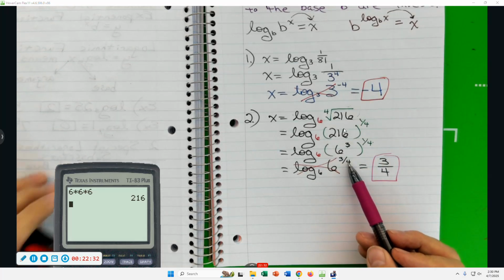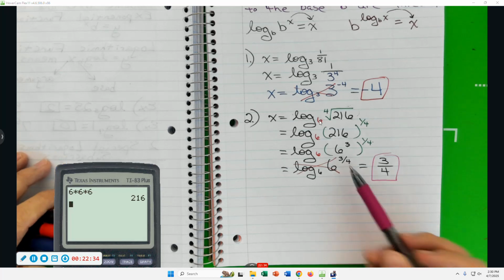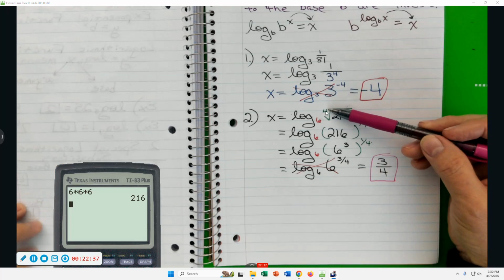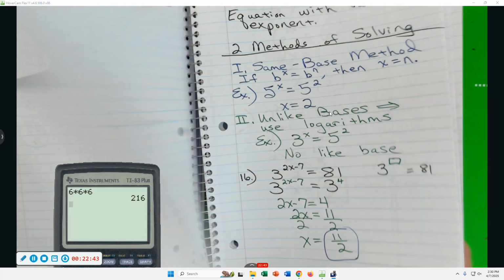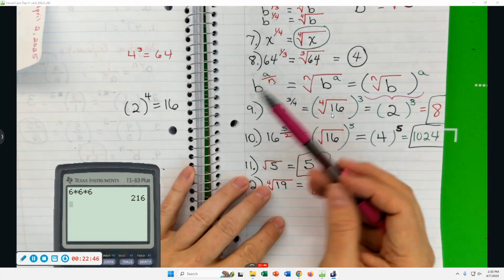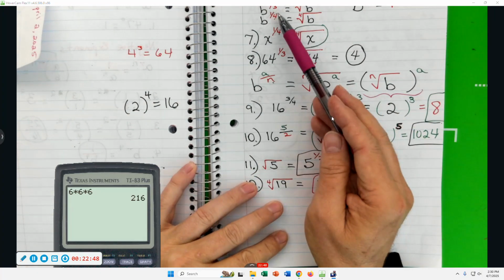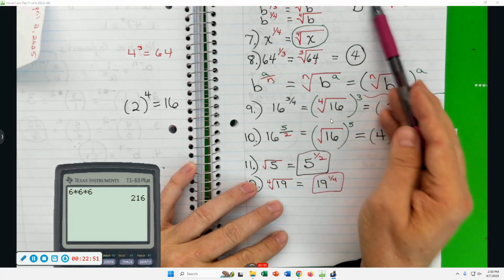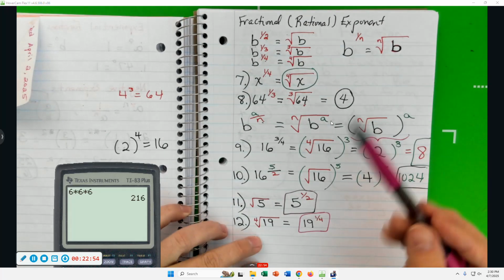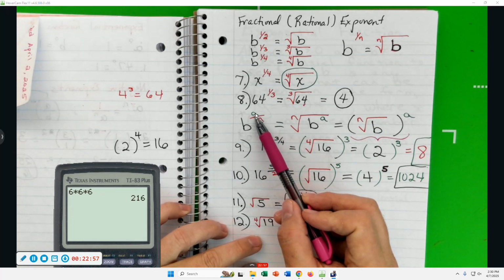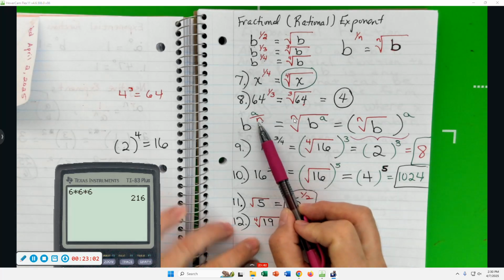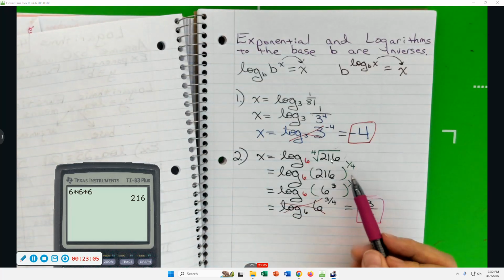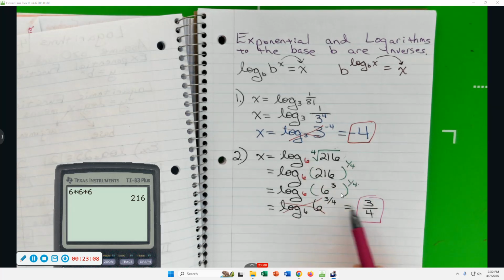Tony would have gone straight here. Here's how he would have done it. He would have said fourth root. Do y'all remember that? Let me find it. Oh, here it is. Remember what they mean? First of all, an exponent of 1 over n is an nth root. But suppose the exponent is something other than a 1. The index on the radical, the 4, is the denominator of the fraction in the exponent.